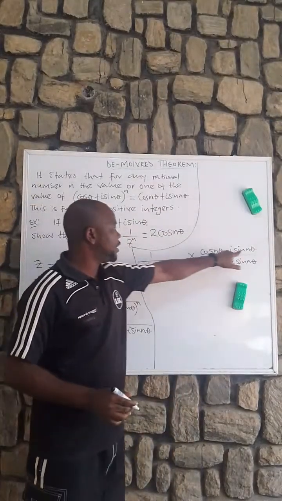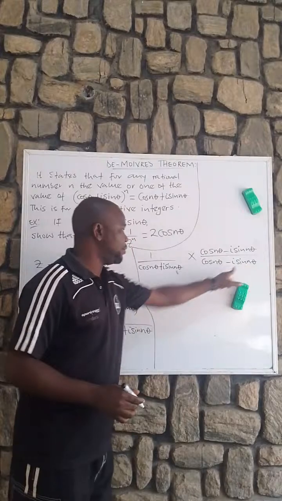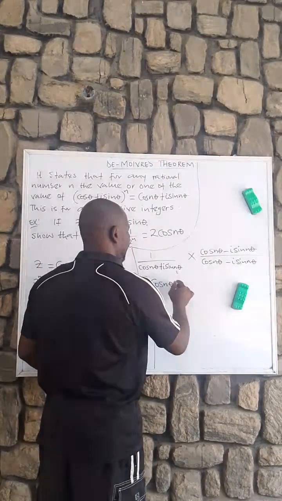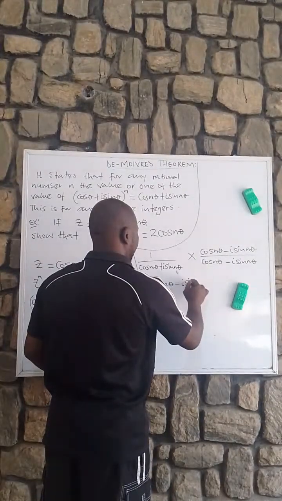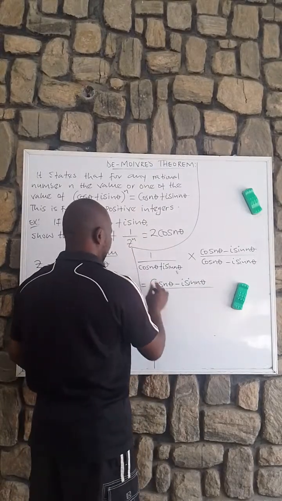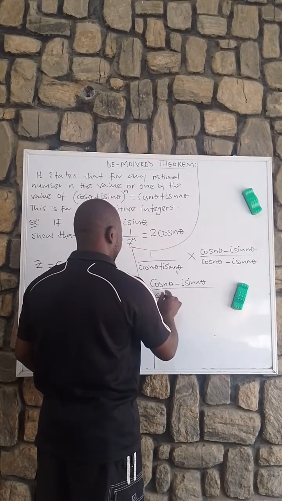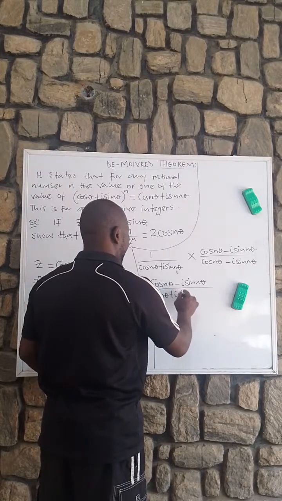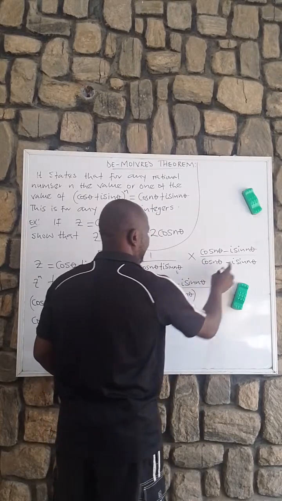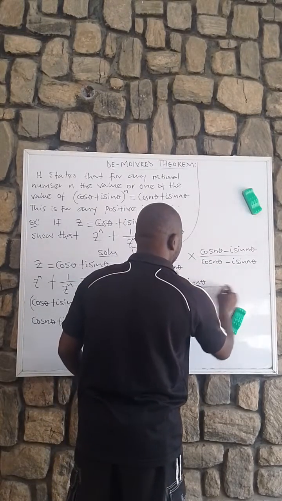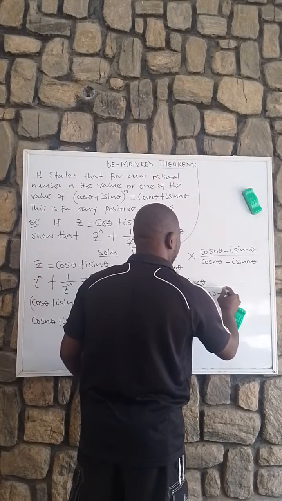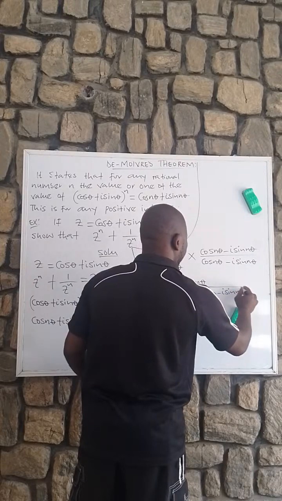So 1 times this, then this times this, amen? So we are going to have cos n theta minus i sin n theta, all over cos n theta plus i sin n theta, times this, open bracket, cos n theta minus i sin n theta, amen?